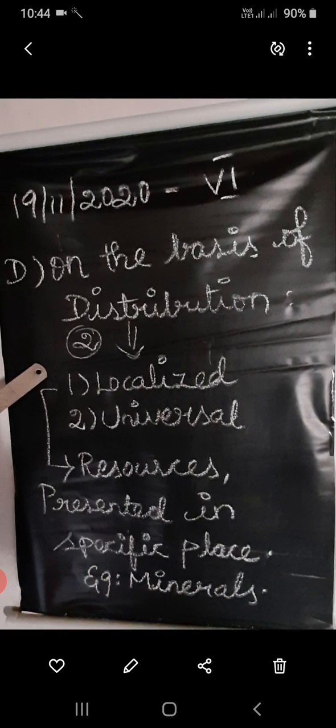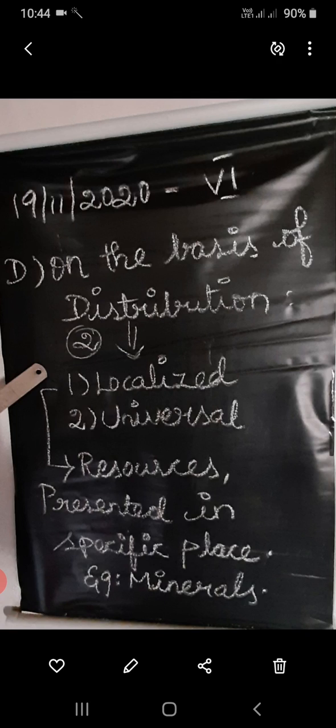And then we move on to the basis of distribution. It also contains two things. First one, localized. Second, universal. Localized means the resources which are present in some specific places are called localized resources. For example, minerals.